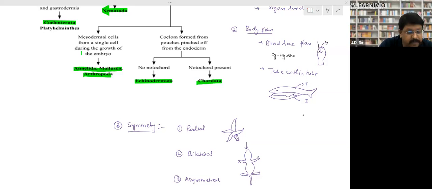Next, in the same symmetry, an animal is said to be symmetrical if the body is divisible into equal halves by one or more planes.